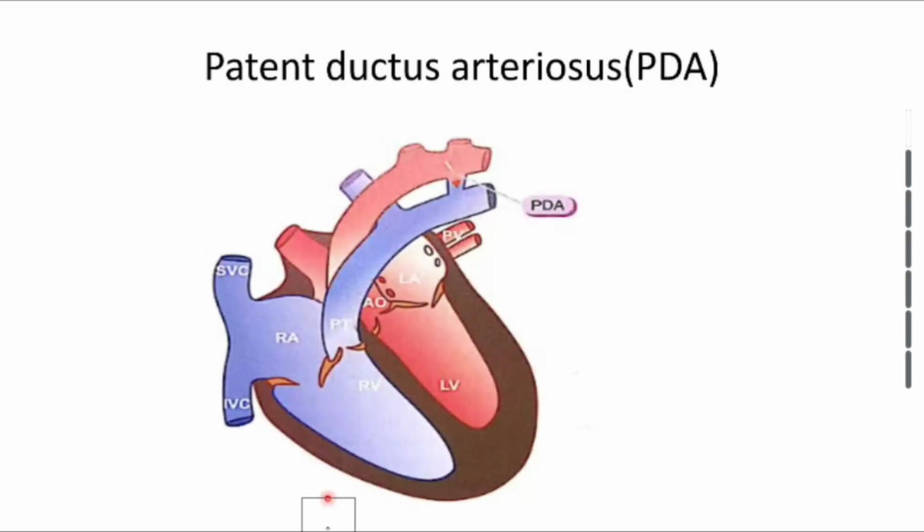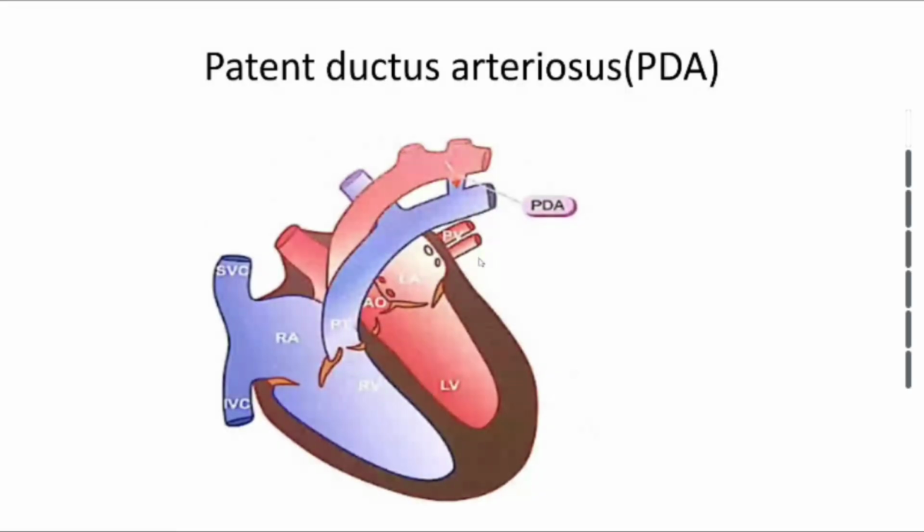Because the blood coming from the aorta has a lot of pressure and there is an opening in the patent ductus arteriosus, and the blood flowing to the lungs is at a lower pressure, some blood from the arch of the aorta will get into the pulmonary trunk.